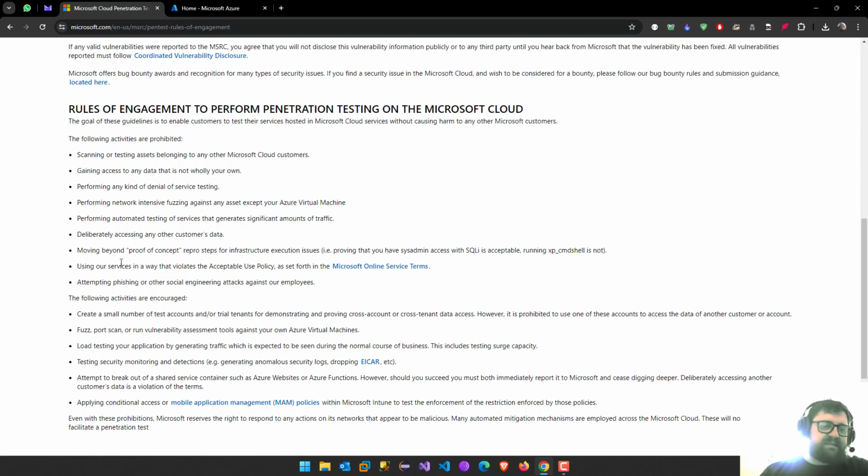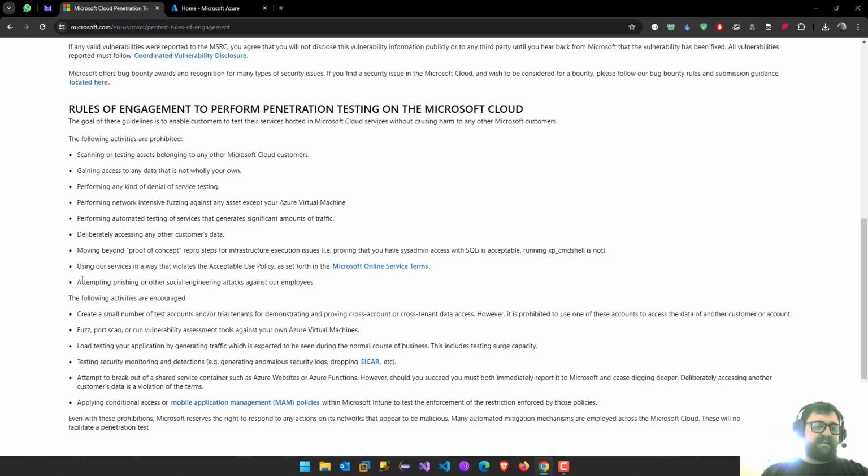Using our services in a way that violates the acceptable use policies for the Microsoft Online Services terms. Like C2, for example, a command and control server, is not accepted by Microsoft. Okay, it's one of the examples.